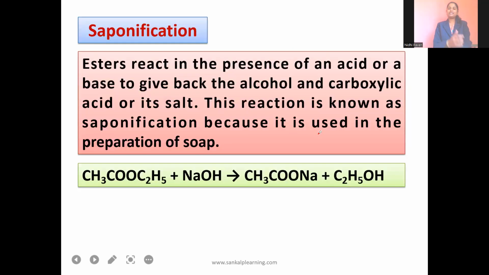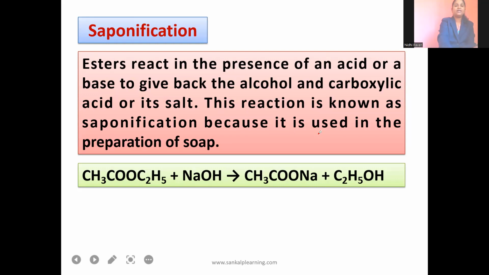Okay. The next reaction is saponification. Saponification means the esters that are formed will react with an acid or a base to give back the alcohol and the carboxylic acid or its salt.